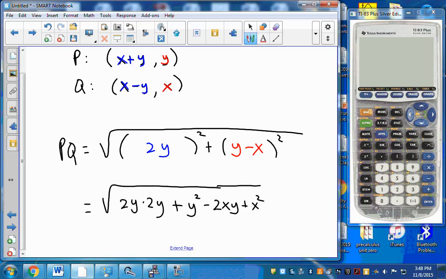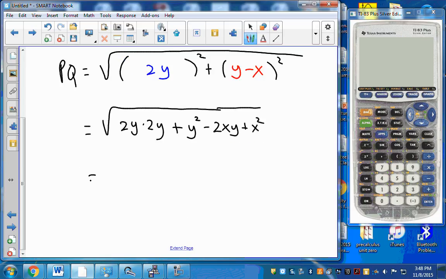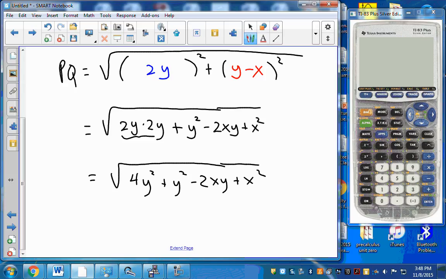So we have 4y squared, and we have another y squared minus 2xy plus x squared. Not much we can do there. I suppose we could just leave it at the square root of 5y squared minus 2xy plus x squared. And I don't see any factoring there, so that would be our final answer.